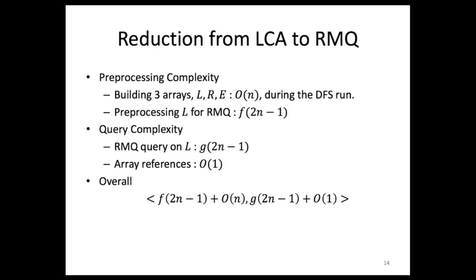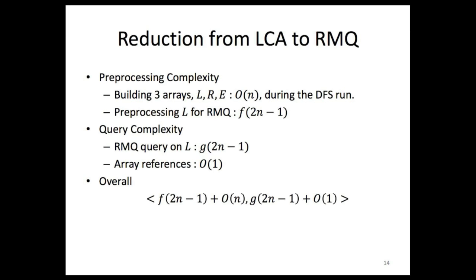And then pre-processing L to get RMQ, again on 2n minus 1 elements because of the sheer number of nodes that you have now. And then the query complexity is whatever is the complexity of doing the RMQ on L, followed by the array references that we had to go through. Let's say they are all constant time, so O of 1.